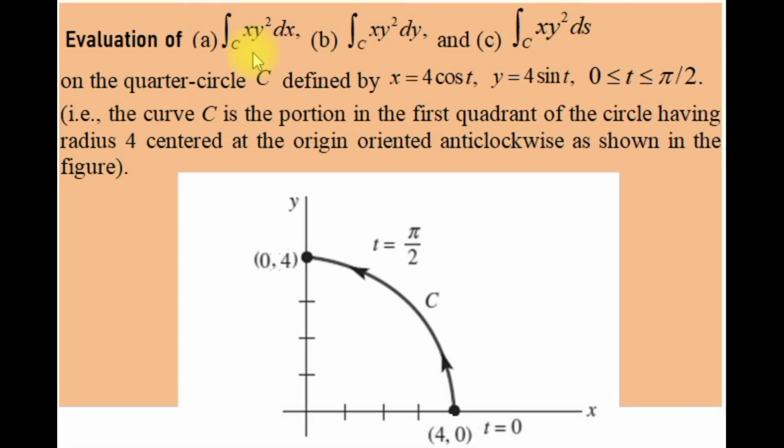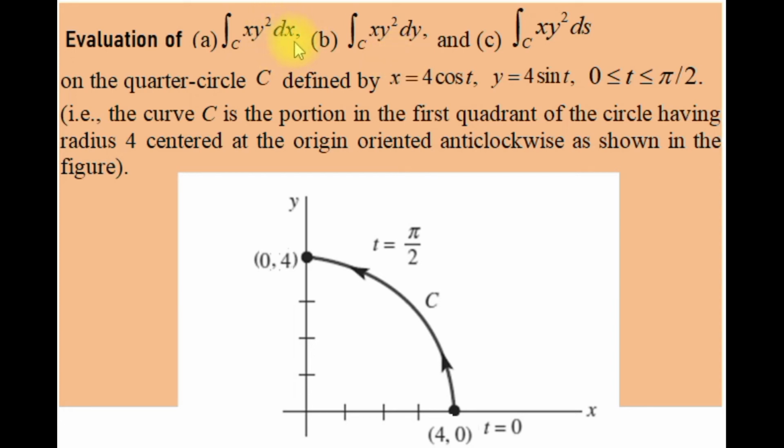Now the integral over C of xy² dx is the line integral of the function xy² with respect to x. The second one, the integral over C of xy² dy, is the line integral of the function xy² with respect to the variable y.